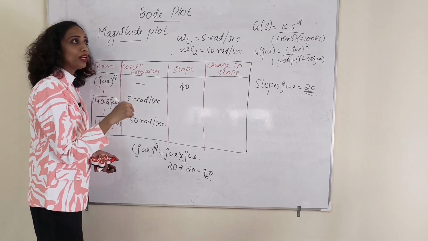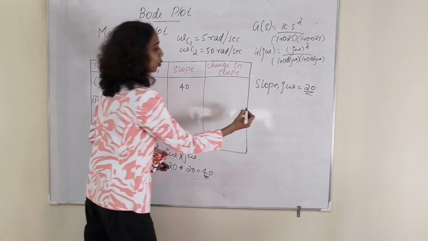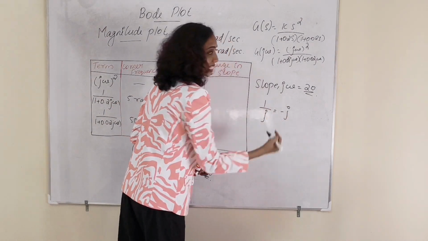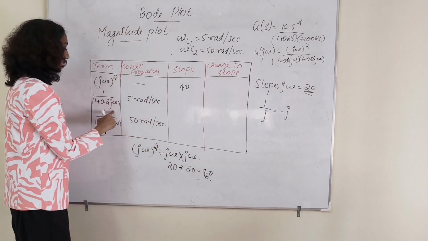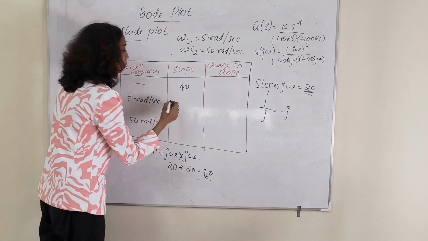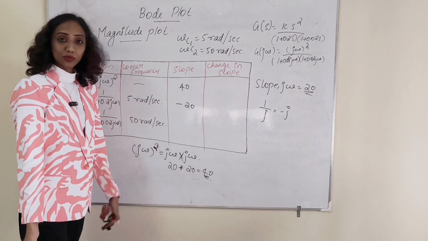The denominator term carries j, an imaginary term. So 1 by j means what? Guys, 1 by j is minus j. So 1 by 20 in the denominator, when it goes to the numerator, we get it as minus 20.